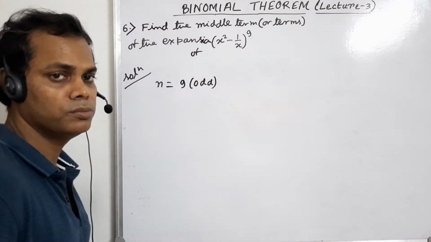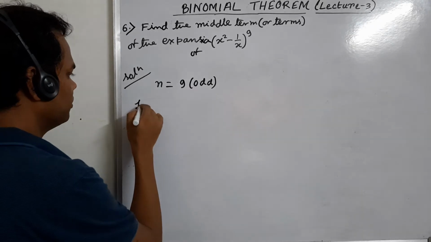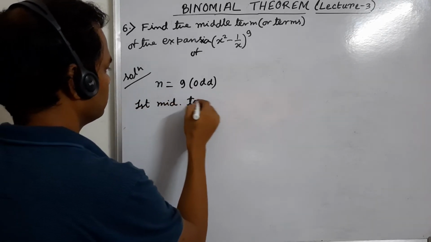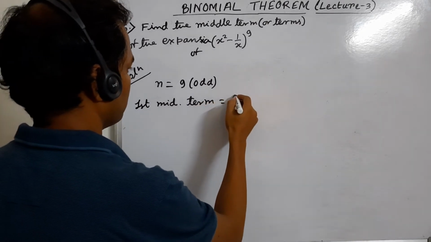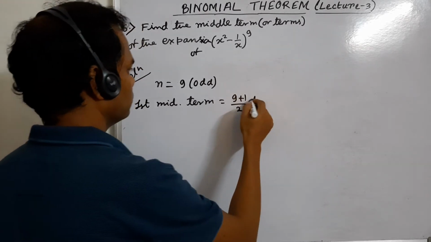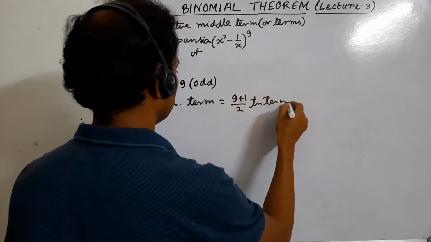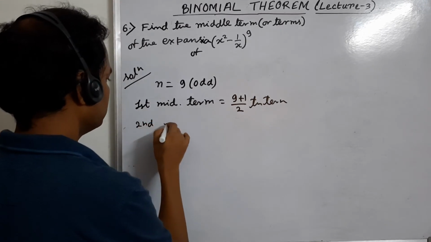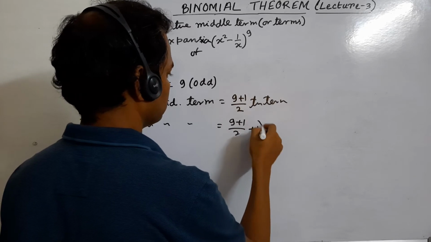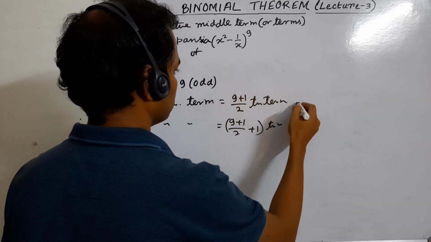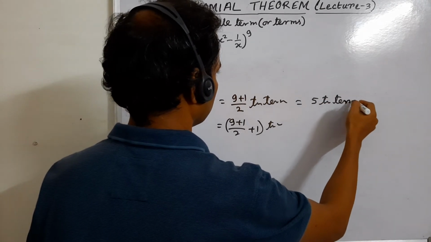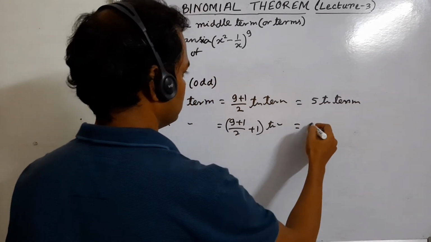So there exist two middle terms. The first middle term is the (9 plus 1 by 2)th term, and the second middle term is the (9 plus 1 by 2 plus 1)th term. So the fifth term, and this one is the sixth term.